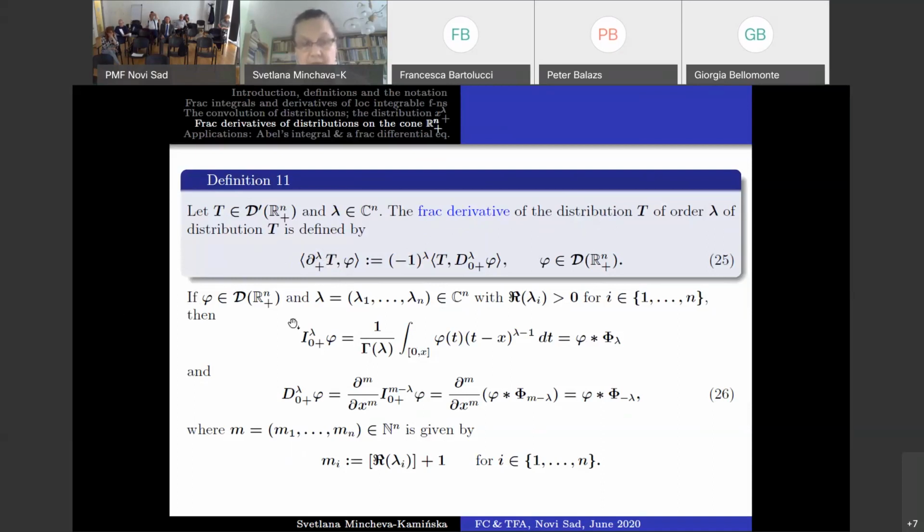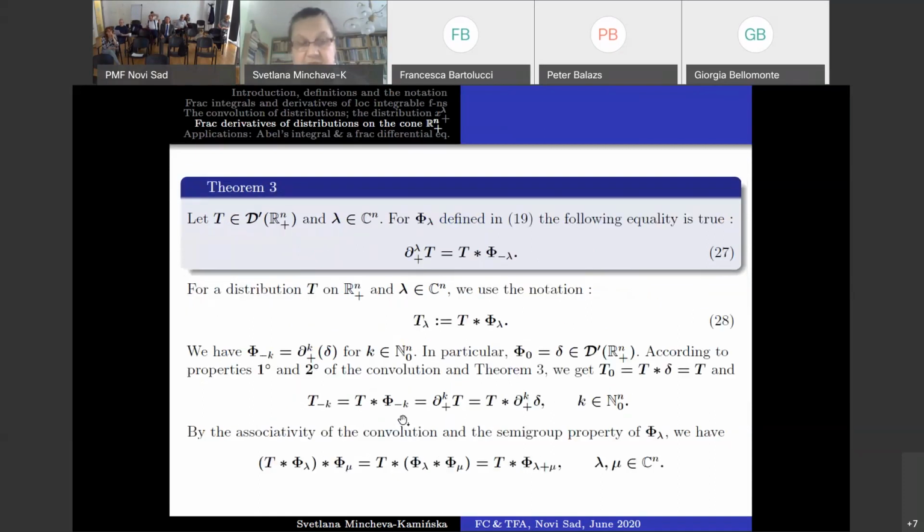Then these derivatives are defined by this formula of fractional integral and, respectively, the derivative of fractional order. In fact, these are derivatives of complex order.